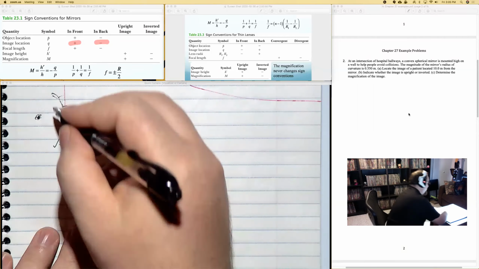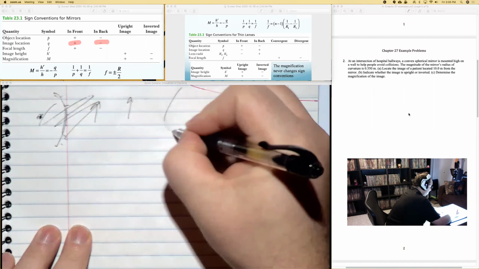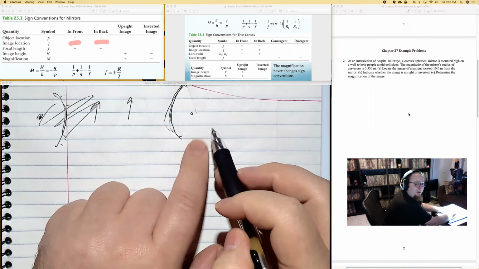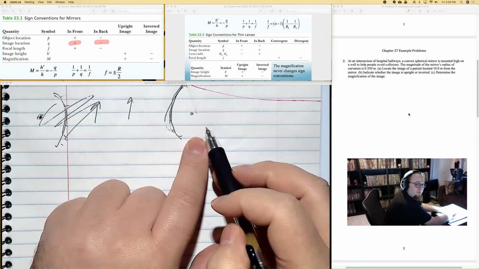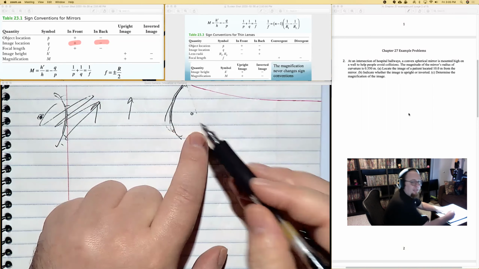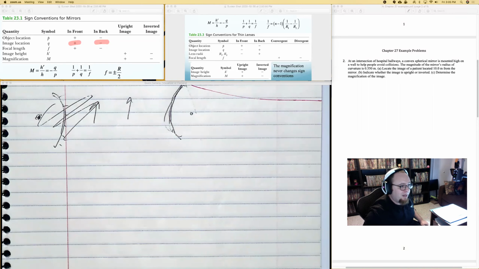If I was to draw this the more traditional way, putting this on the right side, that means my radius is behind it. That means my focal point is behind it. If my focal point is behind it, that means this is going to be, oops, sorry, undo this.